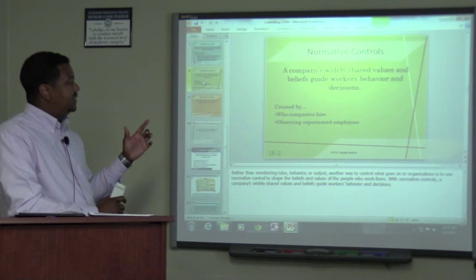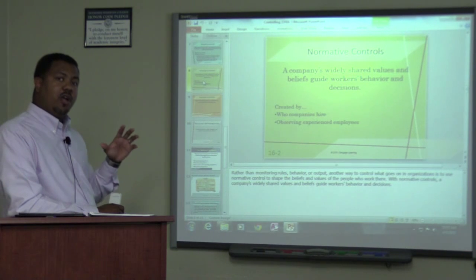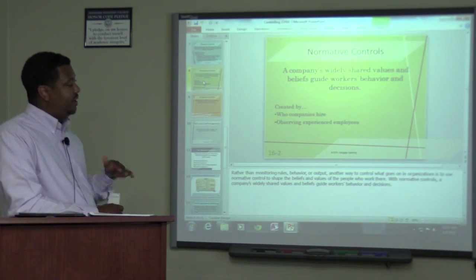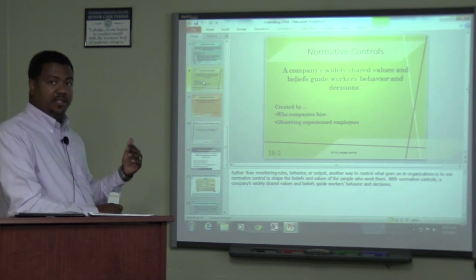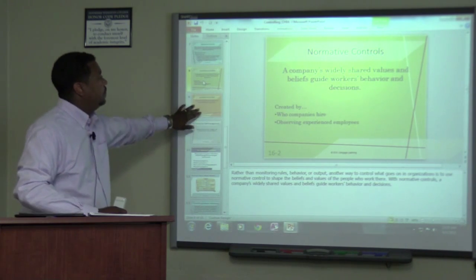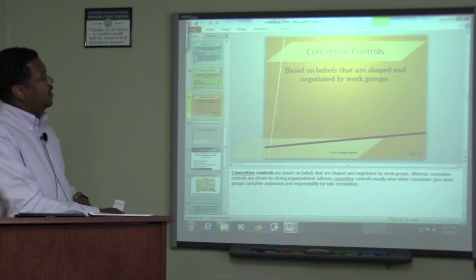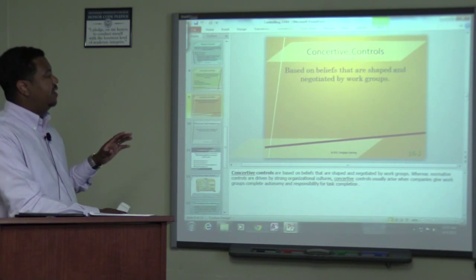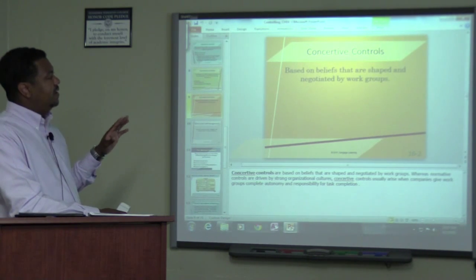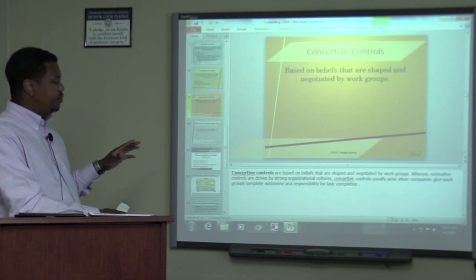For example, Zappos is a great example of an organization that has developed a great organizational culture to deal with customer service and ensuring that they're giving excellent customer service. Concertive control is the belief system that is shaped and negotiated by a group of workers.